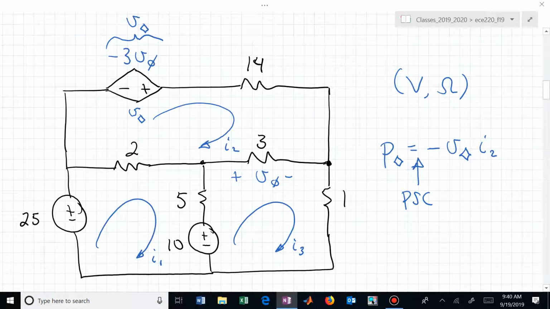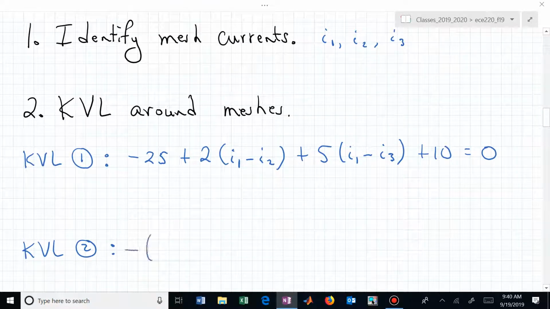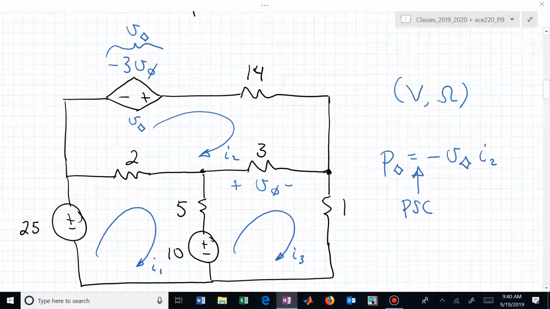And that voltage is actually minus 3 V sub phi. I'm going to write that then as minus 3 v sub phi. Just to be consistent, I was going in the negative terminal, and then it's whatever that dependent source is labeled, and it's labeled to have a value of voltage of minus 3 v sub phi.